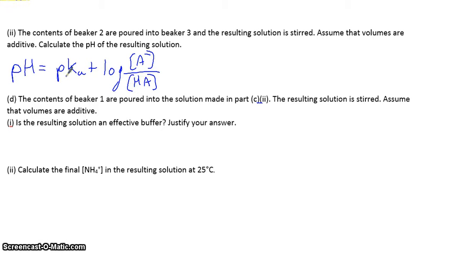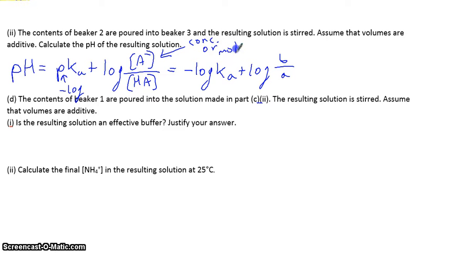Remember, pKa means negative log of your Ka, since this P is the operator negative log that appears in pH, plus log, in our case, of base over acid. Remember that these are concentrations, but they can also be moles. So this would be concentrations or moles, and I would recommend oftentimes to use moles for this. It makes the problem much easier.